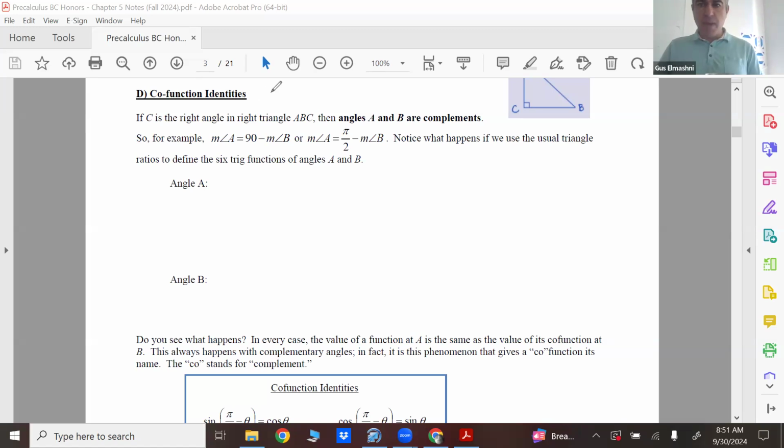It says here, notice what happens when we use the usual triangle to find the six trigonometric ratios. Let's say we have this here. I'll call it C. C is the right angle. I call the sides little a, little b, and little c. We'll focus on angle A right now. What's sine of angle A?